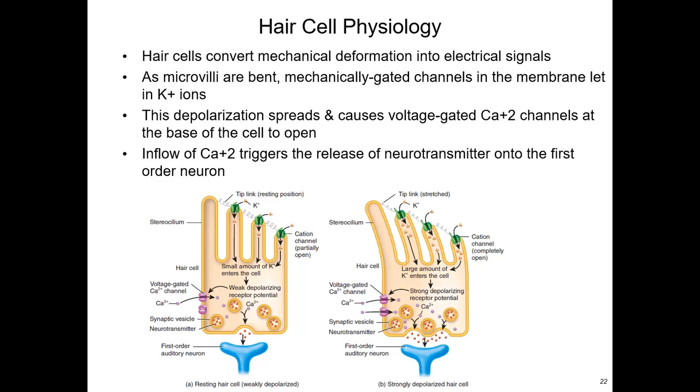Again, after that long path of bringing pressure waves all the way into the cochlea, we achieve the bending of the hair cells in the organ of Corti, and then those hair cells release neurotransmitters that stimulate nerve impulses from the neurons of cranial nerve 8.